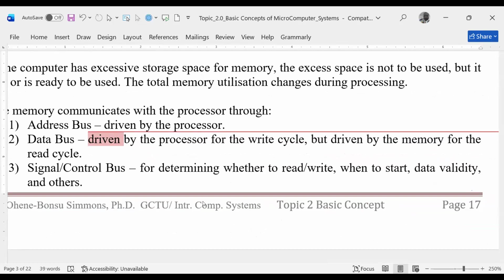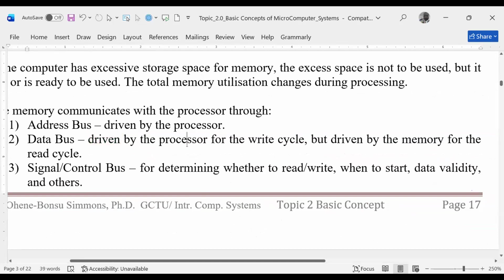Okay, so address bus, no. Just 10 seconds, then we go to the next slide.